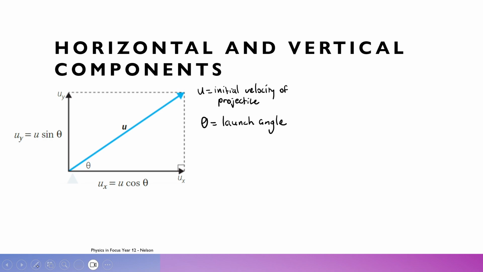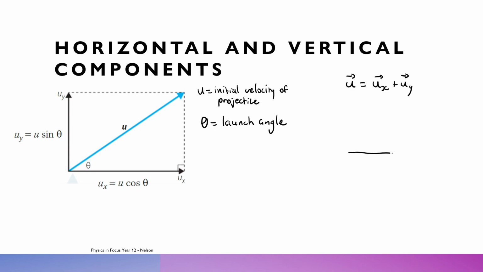As usual, I'm going to break up our u vector into its x and y components by constructing a vector triangle, which is built by the sum of the x and y vectors. So when we have a vector statement like this, u is equal to ux plus uy, essentially, we are doing a sum of vectors.